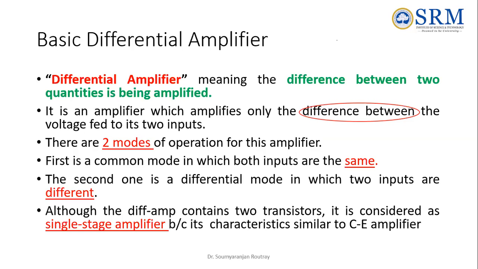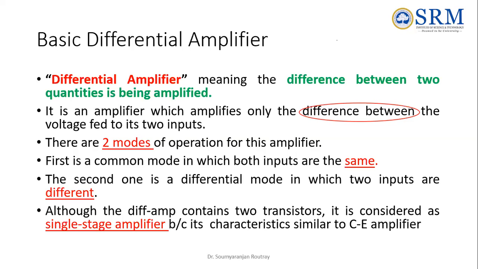Common mode means if noise comes to the differential amplifier, it will come to both ends, like A and B. So noise will come to A, noise will come to B. Then this noise behaves as a common mode input to the differential amplifier. And A and B are like input signals.